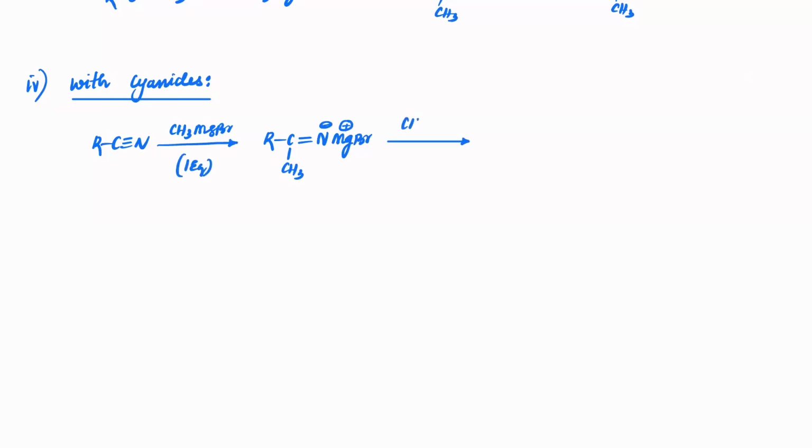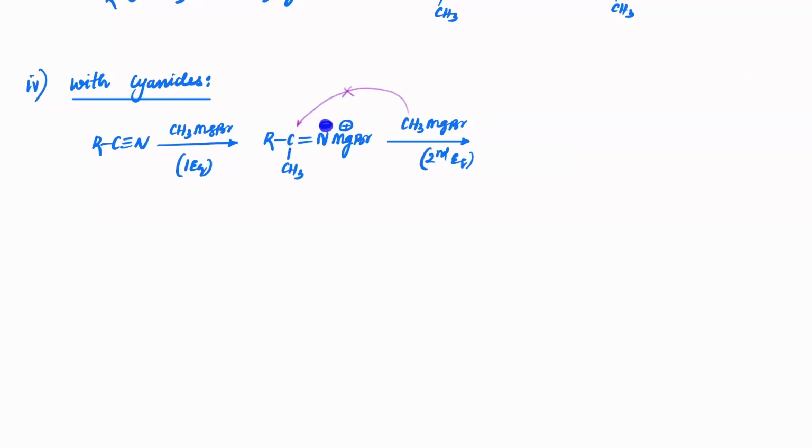If I add the second equivalent of CH3MgBr here, then the attack of this nucleophile on carbon will be unsuccessful. The reason being, for CH3 minus to attack, this carbon should have delta positive charge.